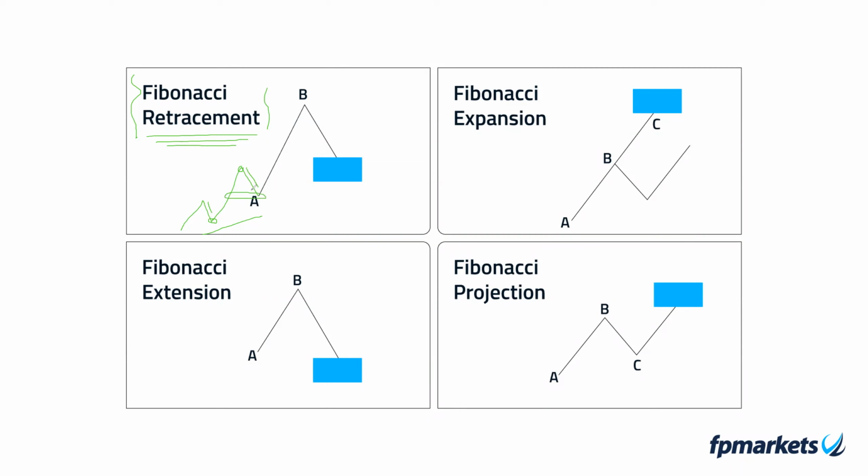So you have, say, a 38.2% at this point here, and we take another from the low down here. We take from 0.1 and extend that all the way up to this one, and that gives us, say, a 38.2% that converges around this point here. So the more reasons to trade, the more likely the area will react, if that makes sense. But that's the gist of a Fibonacci retracement.